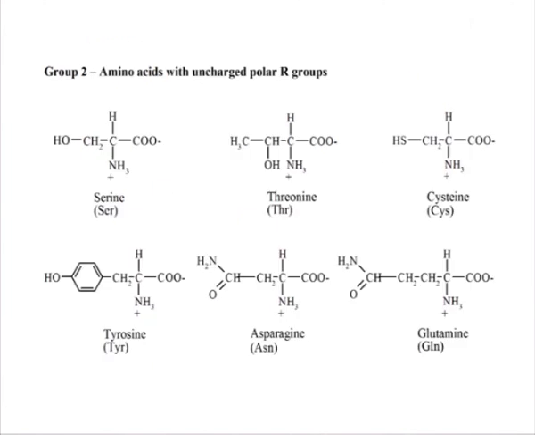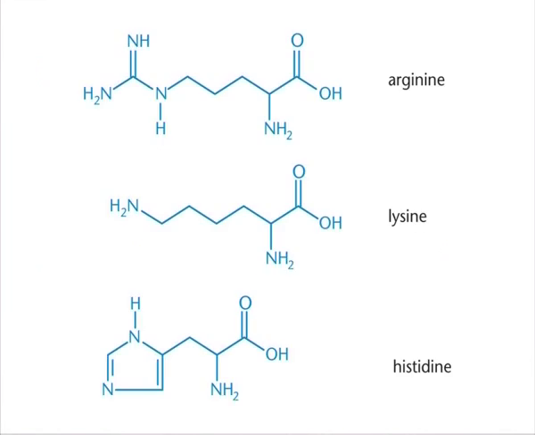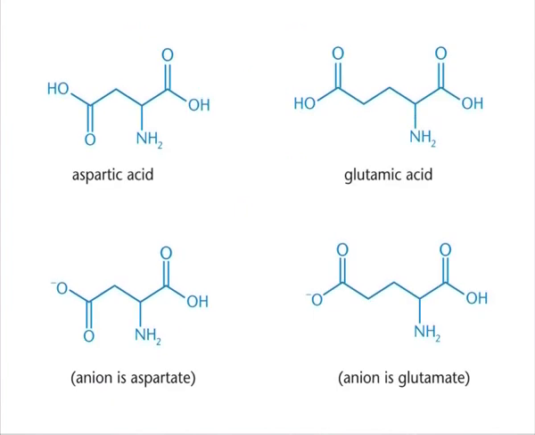Amino acids with uncharged polar side chains. Examples are serine, threonine, cysteine, tyrosine, asparagine and glutamine. Amino acids with positively charged, that is basic, side chains include histidine, lysine and arginine. Amino acids with negatively charged, that is acidic, side chains, examples aspartic acid, glutamic acid, etc.